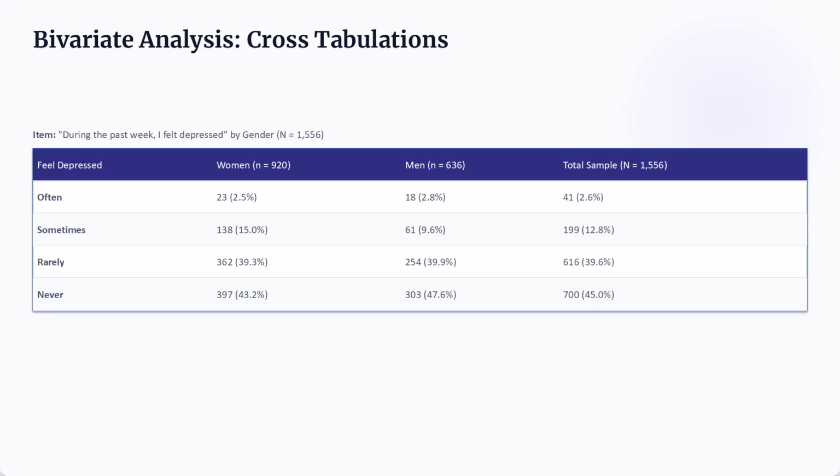Looking closely at the extreme category, 2.8% of men versus 2.5% of women reported often feeling depressed. However, combining often and sometimes reveals that 17.5% of women reported frequent depression compared to 12.4% of men.